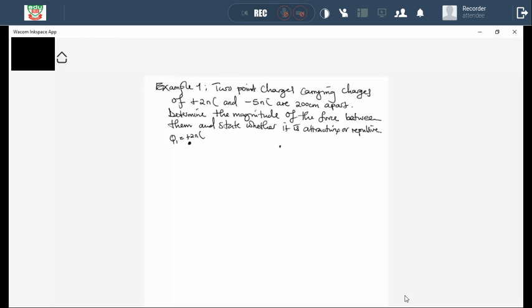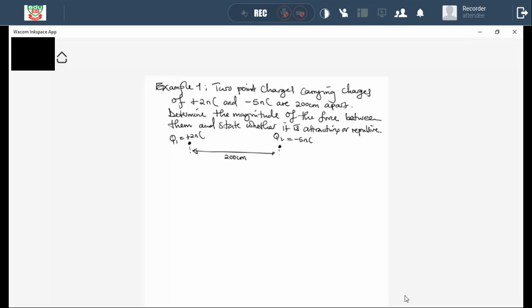My second charge, charge 2, equals minus 5 nanocoulomb. And the distance between the two is 200 centimeters. That's what we are dealing with at the moment.